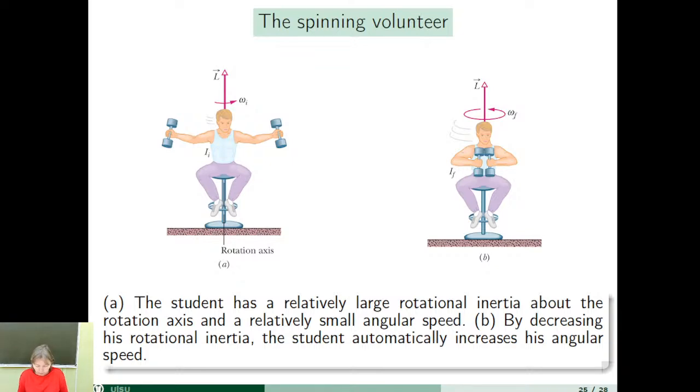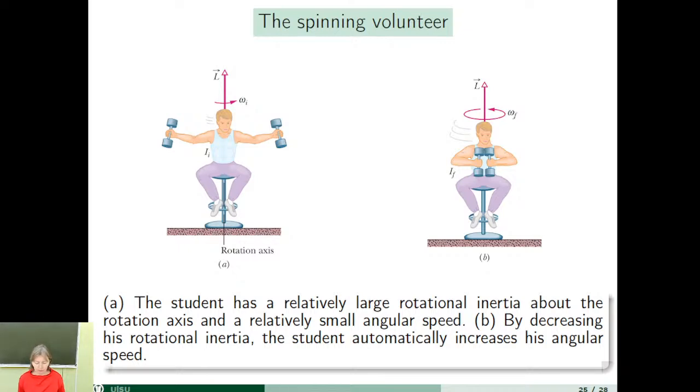The spinning volunteer: suppose that an initially rigid body somehow redistributes its mass relative to the rotation axis, changing its rotational inertia about that axis.